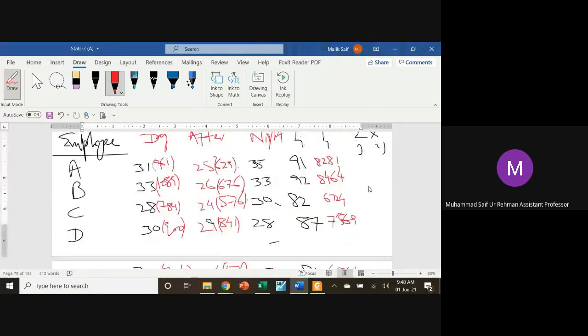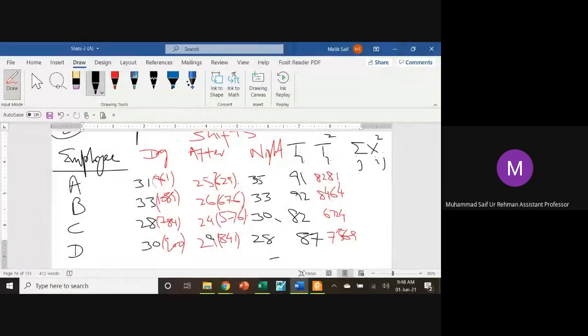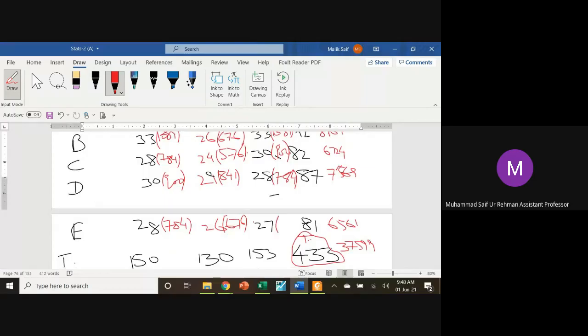Then come to the final column. Write down over here 35 square. What is 35 square? 1225. 33 square is 1089. So some values are there in the table already. 30 square is 900, 28 square is 784, and 27 square is 729.